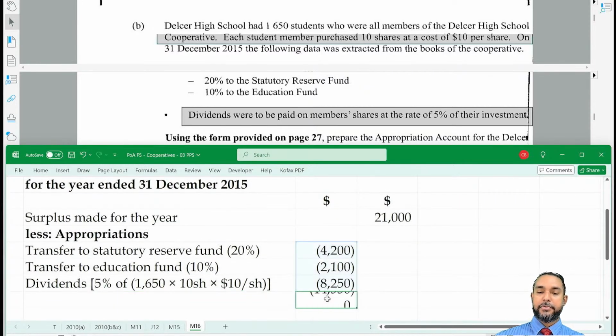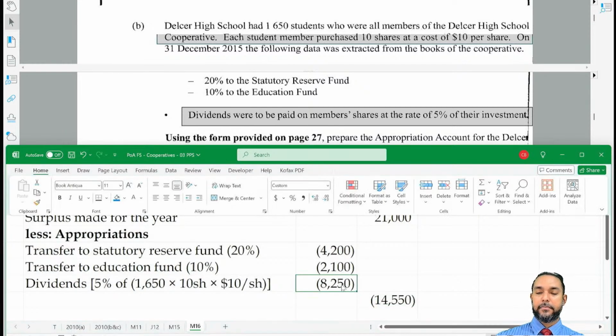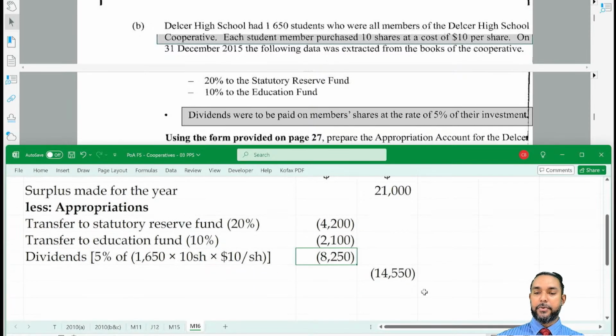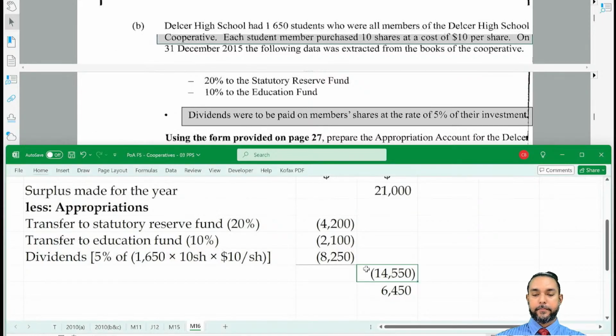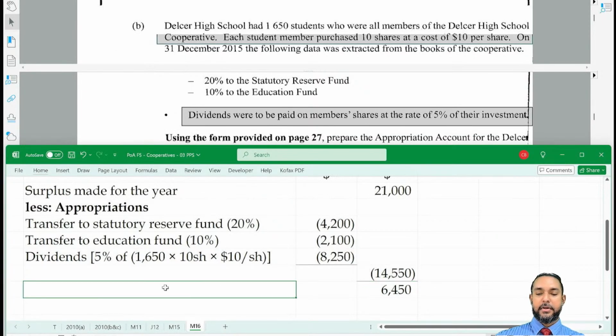So we're going to add up those three items now, get 14,550. I'm going to subtract that figure from the 21,000. That'll give us, was that 6450? Ah, there you go. Right, and this is the undistributed surplus for the year.